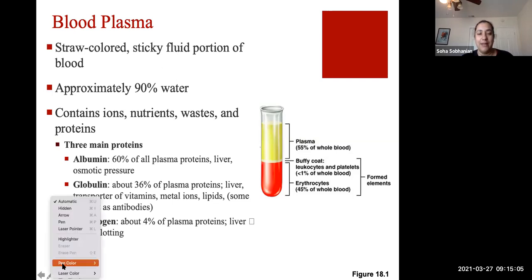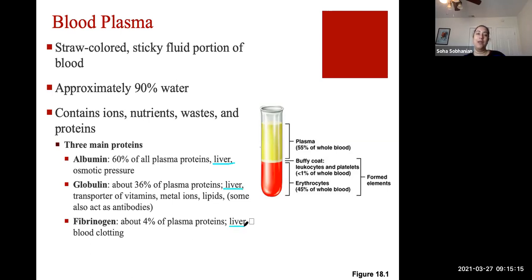Liver is your main key here, guys. Another thing to keep in mind, liver is really important even in terms of your blood. They're all produced by your liver, which means if you have liver damage, you will have an effect on your blood and the effective production of those proteins in your blood.